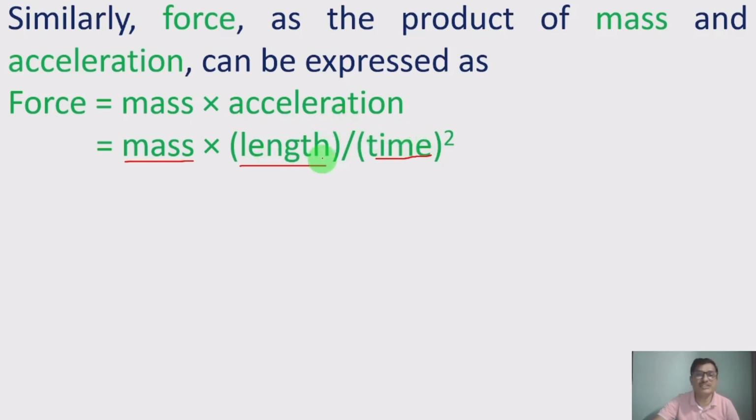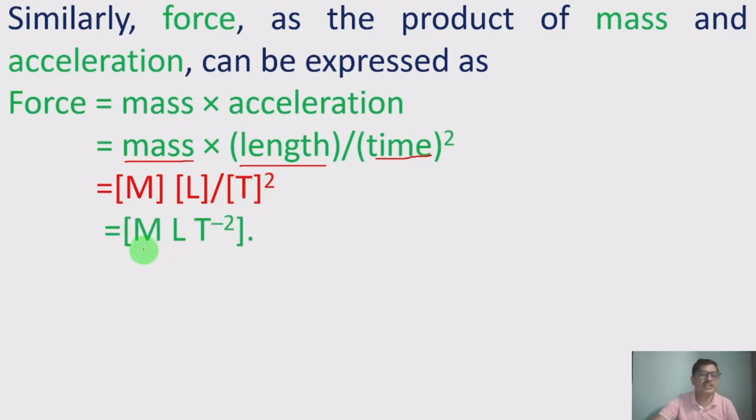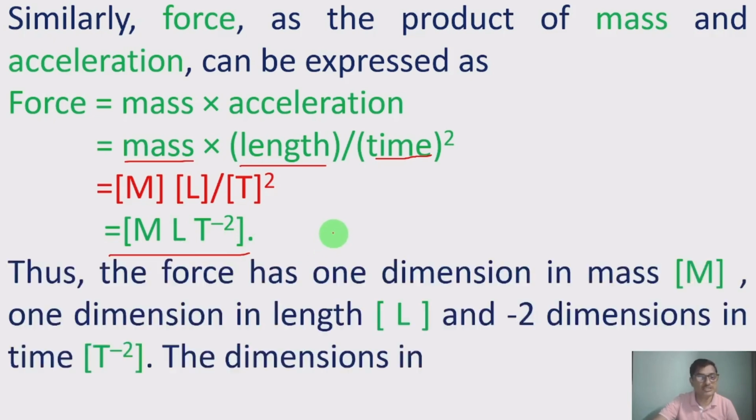We can represent this in terms of dimensions: mass is M within the square bracket, length is L within the square bracket, and in the denominator T square. This can be written as M raised to 1, L raised to 1, T raised to minus 2. This is the representation of the force in the form of dimensions.